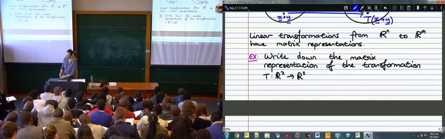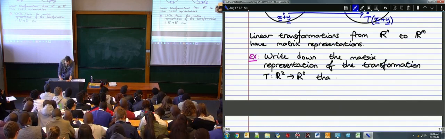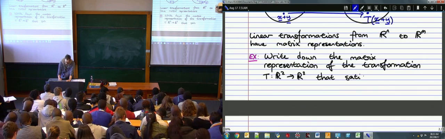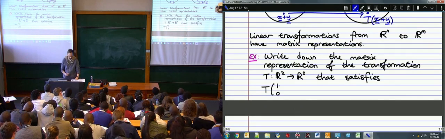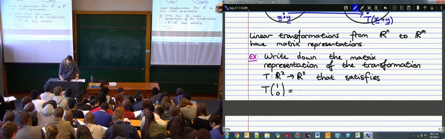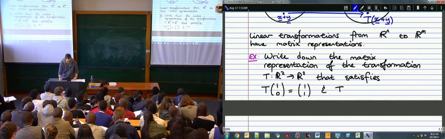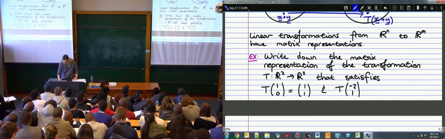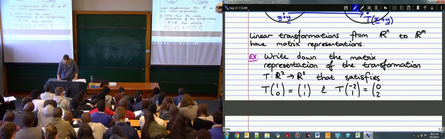The transformation T satisfies: T acting on the vector (1, 0) is equal to (1, 1), and T acting on the vector (-2, 1) is equal to (0, 2).